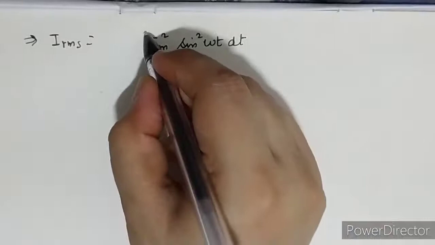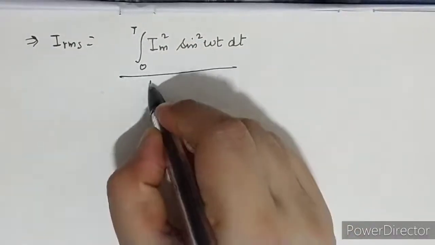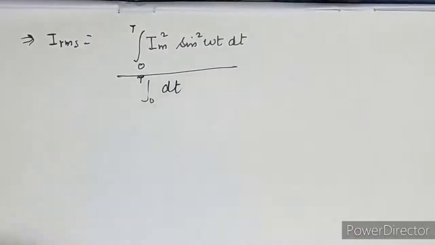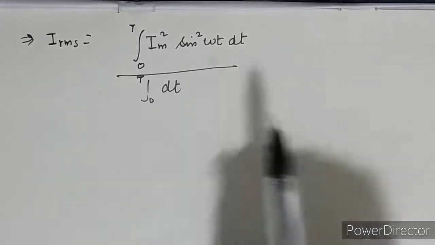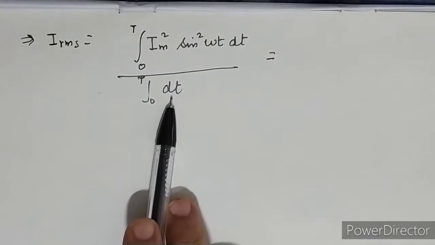Then we do its average, so 0 to T, for the complete cycle, we take dt. This is the term. Afterwards we do the root, under root. So two things we have done: square, mean. From here the integration of dt is t.